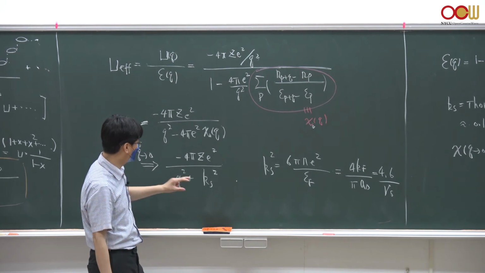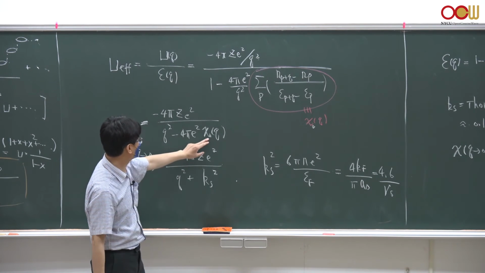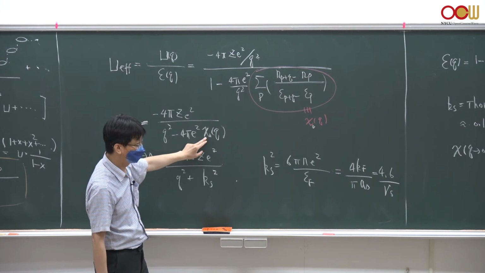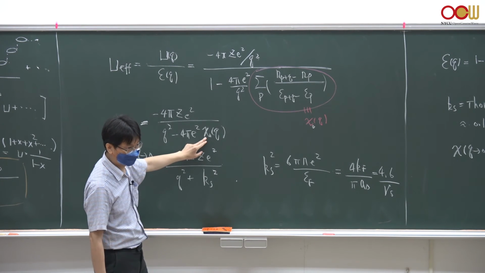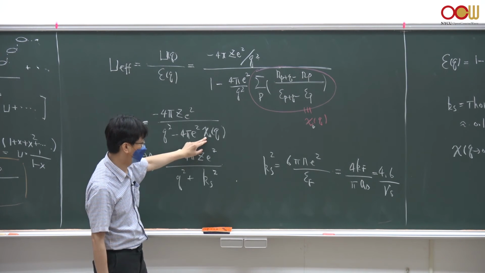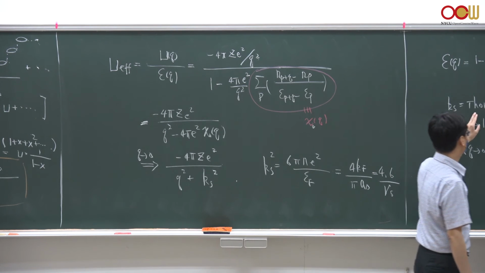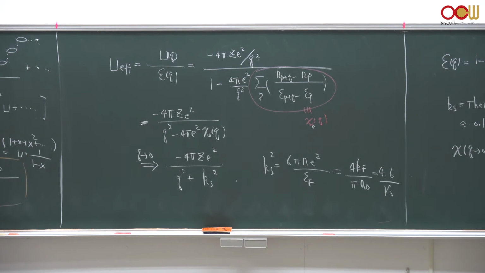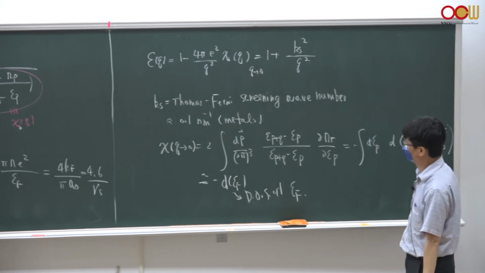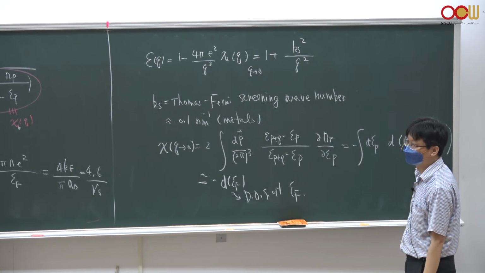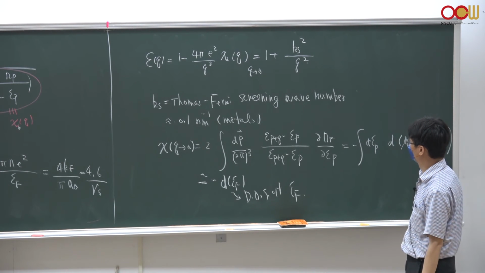In that limit, we can show that this chi 0 of Q is nothing but a constant, which depends on the density of states at the Fermi level, and this Ks is nothing but the Thomas-Fermi screening wave number that we derived previously from the semi-classical approach.